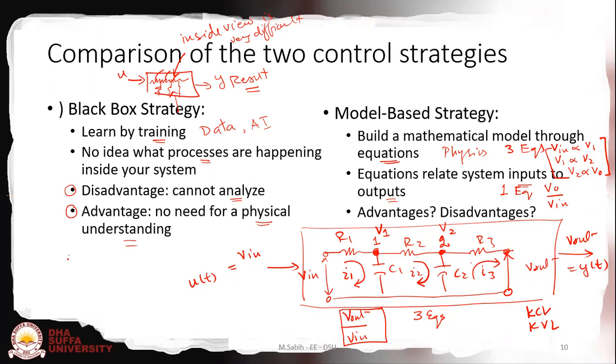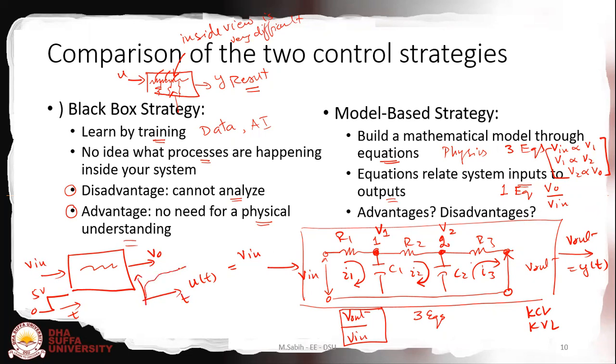Black box strategy में we will have no idea about the internal circuit. हम V out और V in, हम डायरेक्टली इसके ऊपर कोई सिग्नल अप्लाई करेंगे इनपुट पे. ठीक है, with respect to time, let's say from 0 to 5 volts, and we observe the output.